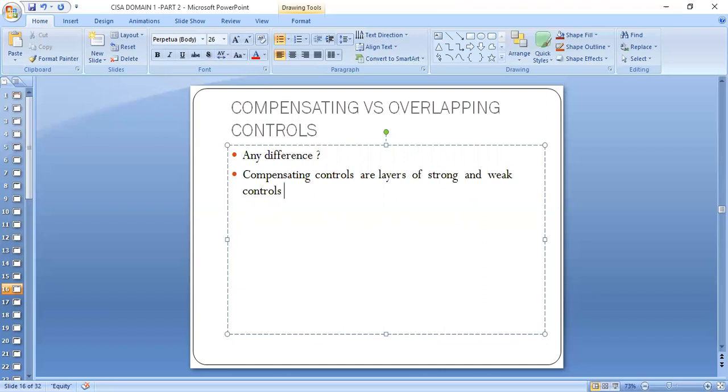For example, you have an attendance register for everybody to sign in physically. That's a very weak control, because as humans, people may choose not to sign in. But apart from that general register, for a restricted part of the building, we put a biometric door.